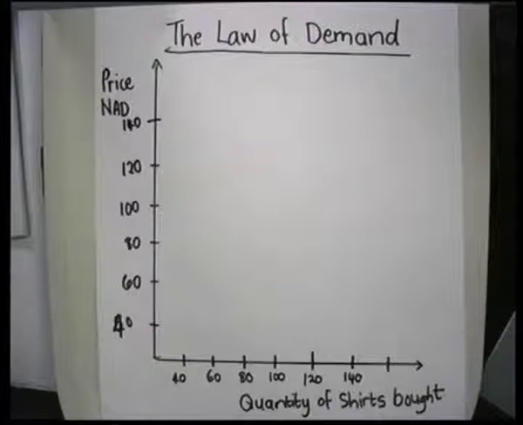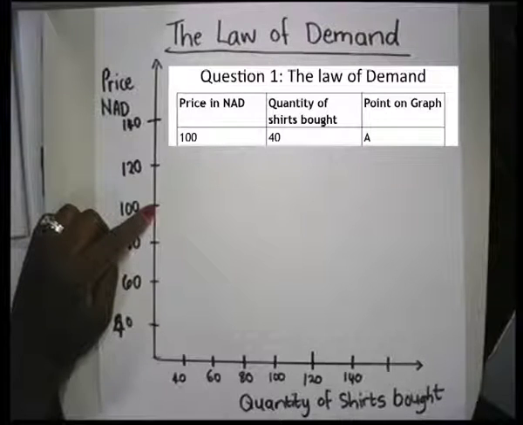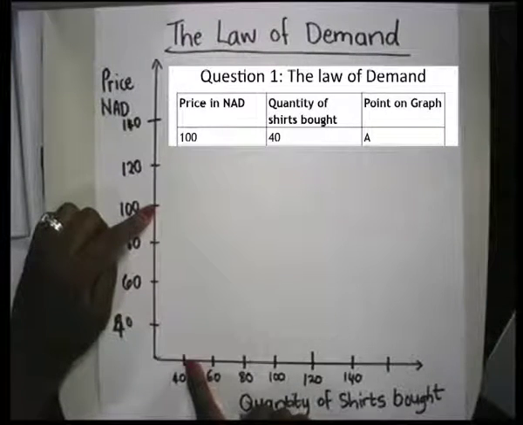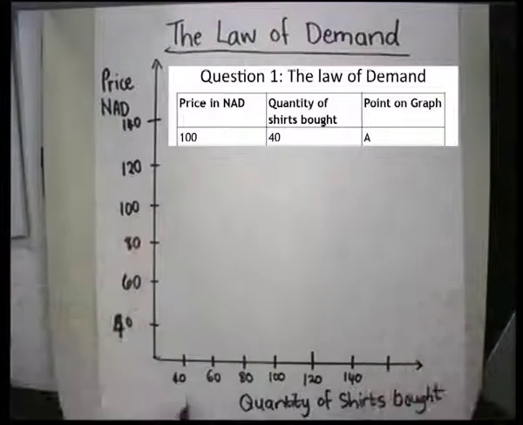Now we've been given the points on the graph, which is what we need to plot on the graph. Now A is when the price in Namibian dollars is equal to 100 and the quantity of shirts bought is equal to 40. So practically, we're going to make a mark on our graph.